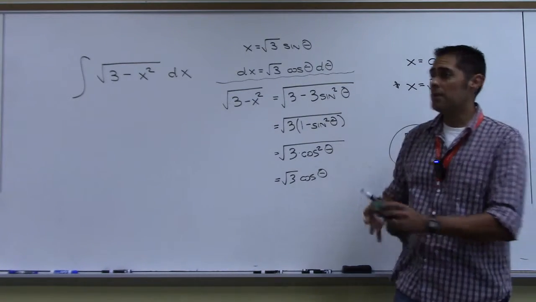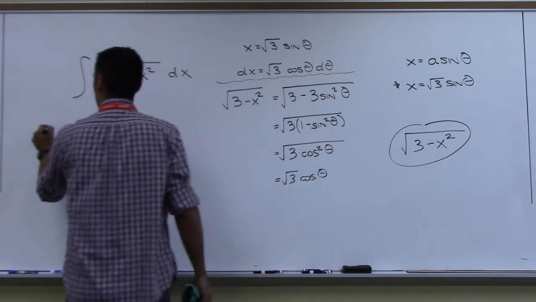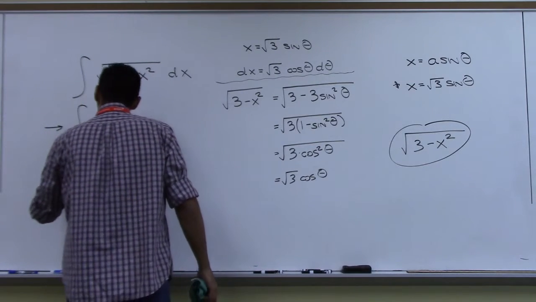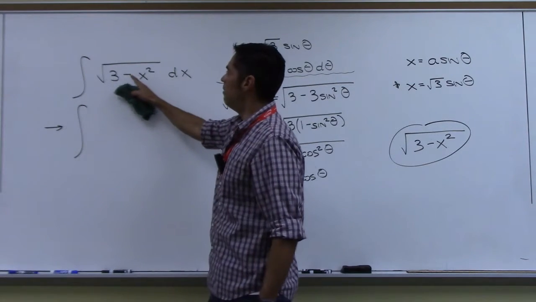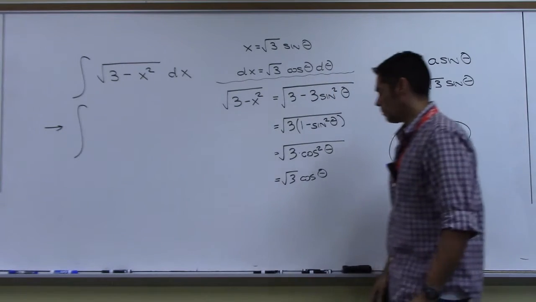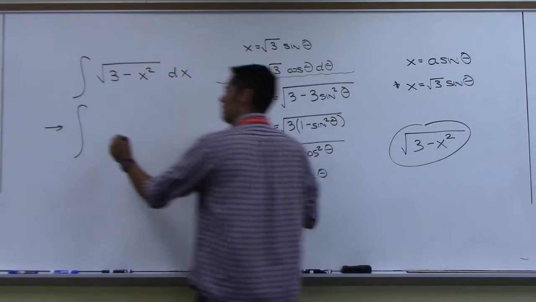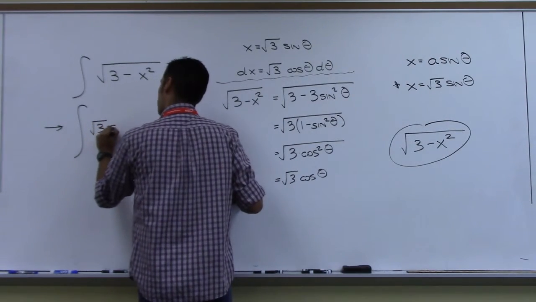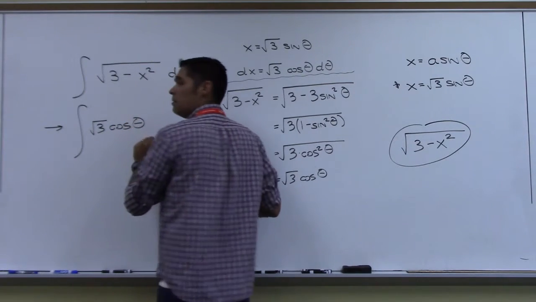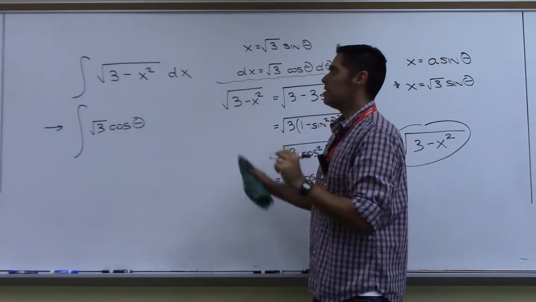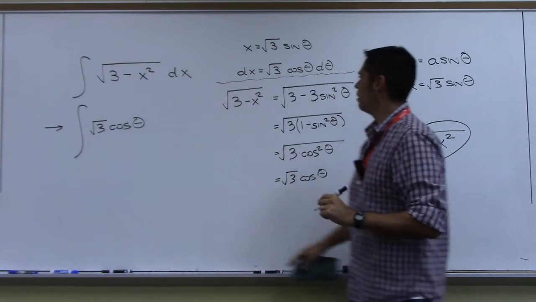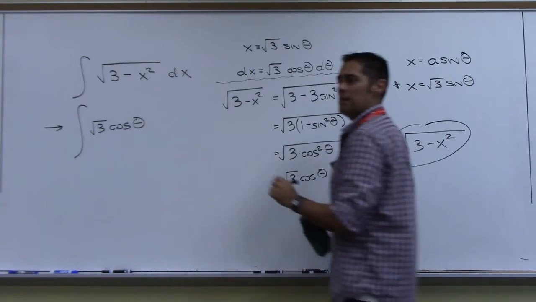So now I'm going to rewrite the integral. What does the square root of 3 minus x squared become? Square root 3 cosine theta. That's it. What's dx going to become? Square root 3 cosine theta d theta.